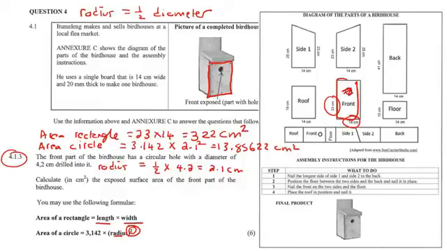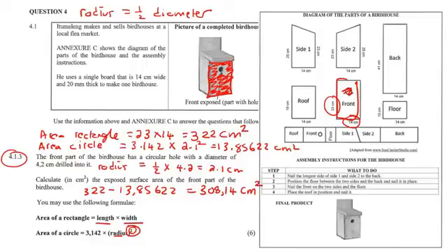So we need to take that away from the 322 to see how much area we actually have over there. So we can just say 322 take away 13.85622, and that's going to give you 308.14 centimeters squared.